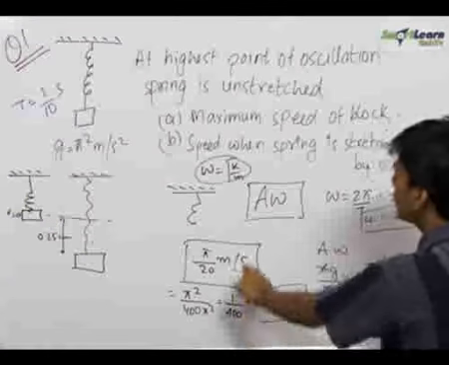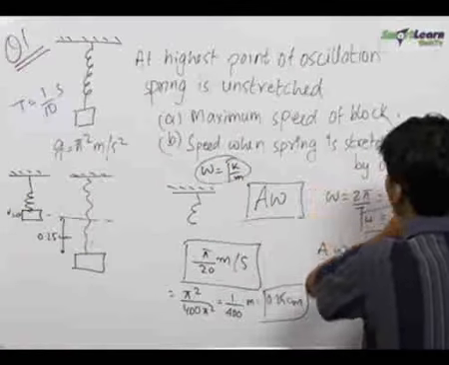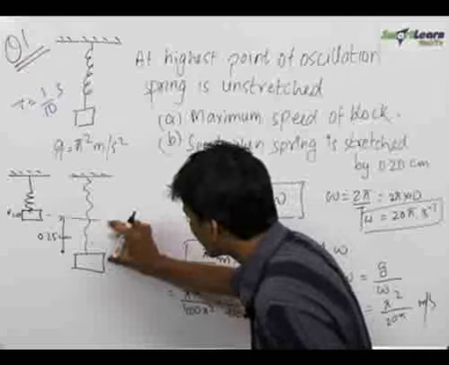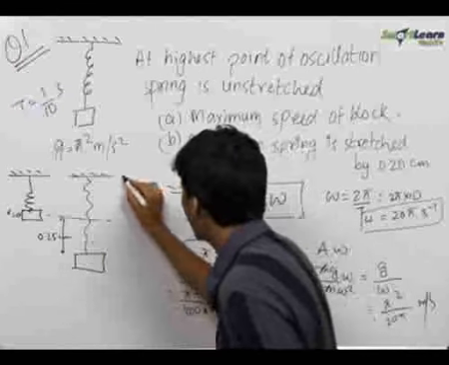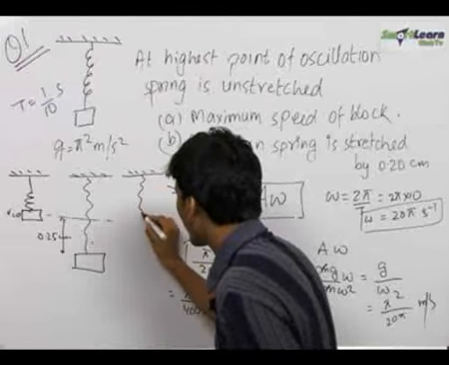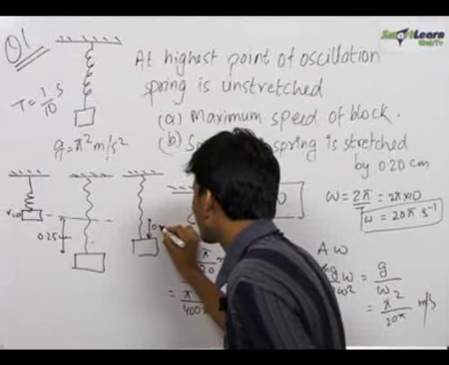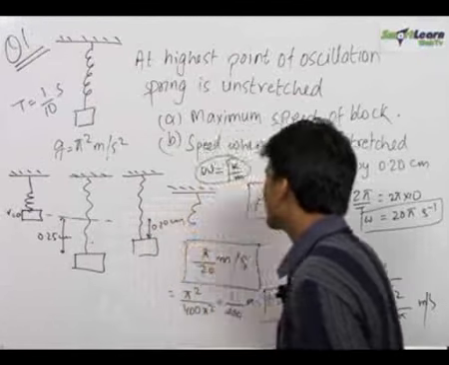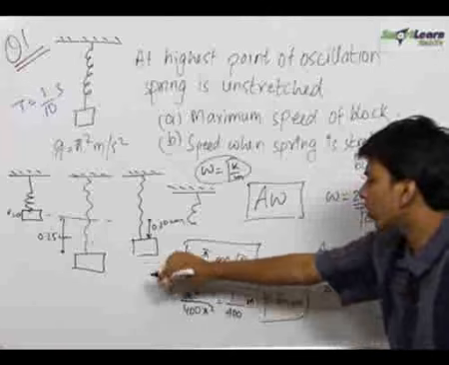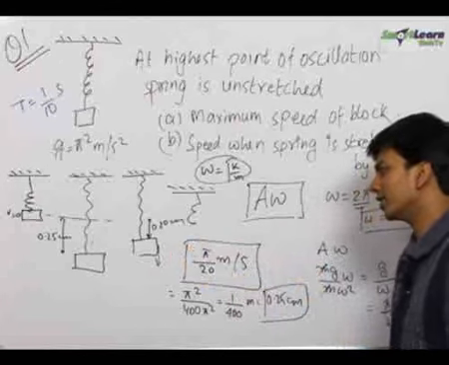Now we need to find out the speed when the spring is stretched by 0.20 centimeters. Over here the spring is stretched by 0.25 centimeters. The state which we want to analyze is when the spring is stretched by 0.20 centimeters. We need to find out the speed of the block at this instant.